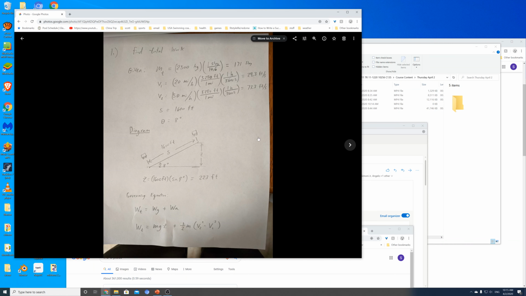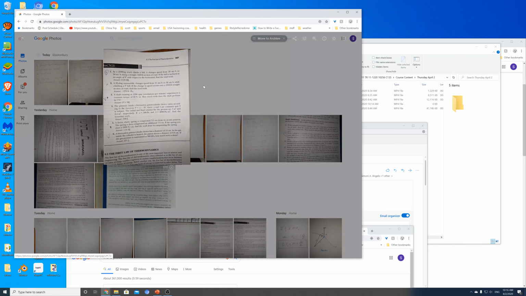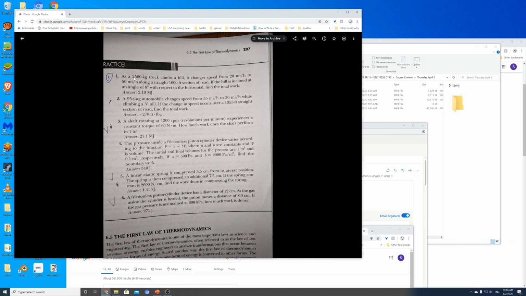So if we start to think about the different parts, the first thing is what we're looking for is the total work. And we're going to start out with mass. One of the things you're going to notice about this problem is that we're given information in SI units, and we're also given information in USCS units.